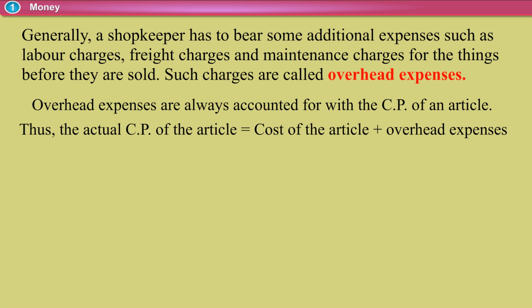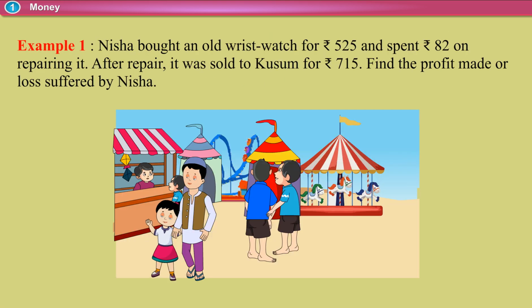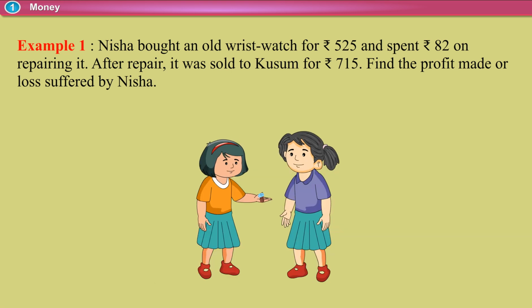Example 1. Nisha bought an old wristwatch for rupee 525 and spent rupee 82 on repairing it. After repair, it was sold to Kusum for rupee 715. Find the profit made or loss suffered by Nisha.